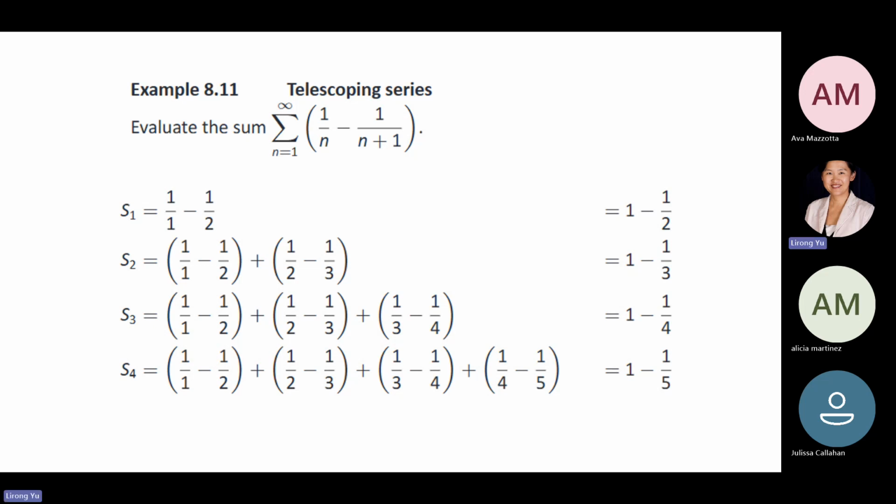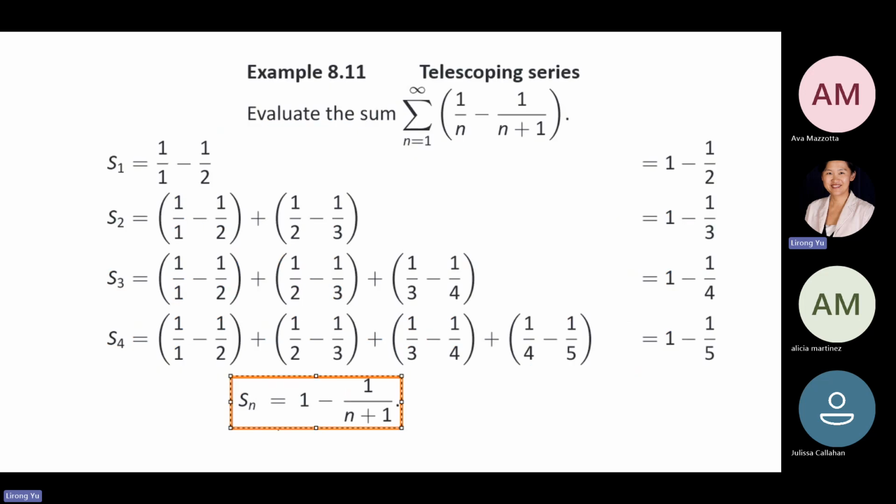So what about S of n? Can you guess what the formula is? S of n equal to 1 minus 1/(n plus 1). Yes. So it looks like S of n would equal 1 minus 1/(n plus 1), just like S of 4 is 1 minus 1/5. So what about the relation between the index 4 and the number 5?